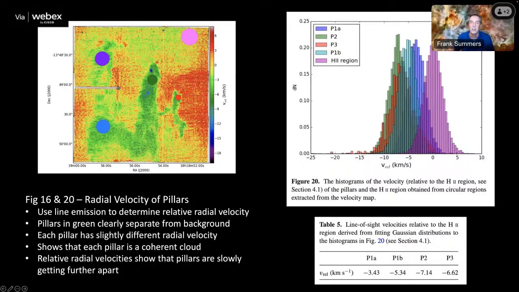And that is actually this pink peak over here in the plot of figure 20, all right? Pillar 1A has a certain average velocity that's different from pillar 1B, that's different from pillar 2, and that's different from pillar 3. And in this table down here in the lower right, you can see the average velocities of these pillars. And so each pillar is a coherent cloud, okay?